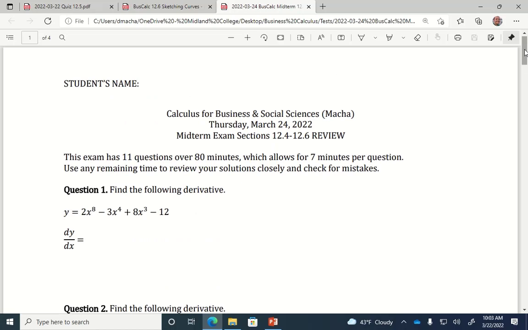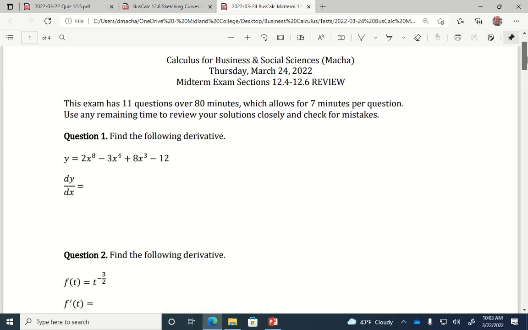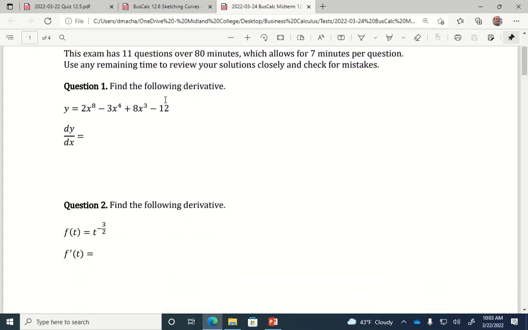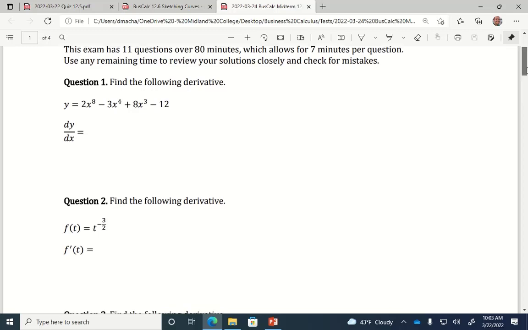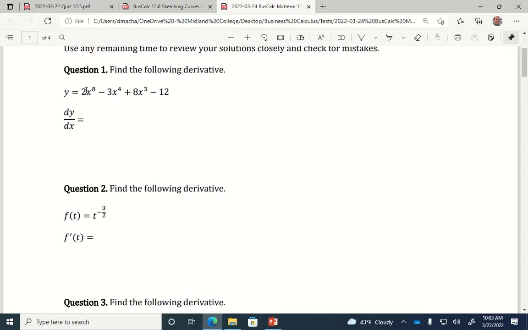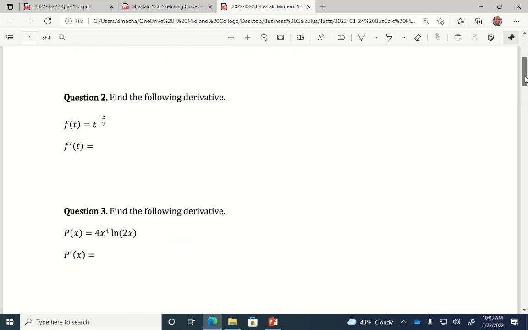There's going to be 11 questions on your test. So you'll have about 7 minutes to answer each question. Some questions are really short and easy. So like, you're going to have to take some derivatives, and I think you should be able to quickly take a lot of these derivatives. Like maybe you'll have a polynomial, so it'll just be the simplest power rule.